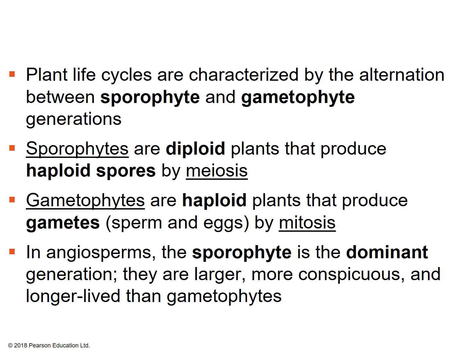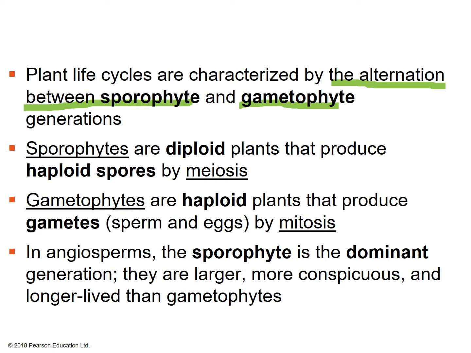common to all plants. Plant life cycles are characterized by alternation of generations. The first generation is the diploid sporophyte, which is dominant in vascular plants, alternating with the haploid gametophyte generation, which is highly reduced in these vascular plants.